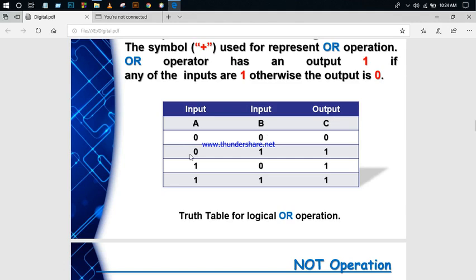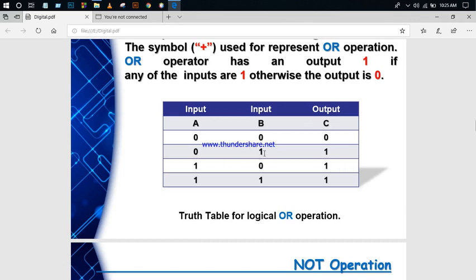So what we can say is that if any input is 1, the output is 1. Input 0 0, output 0. Input A is 0, input B is 1, the output is 1.